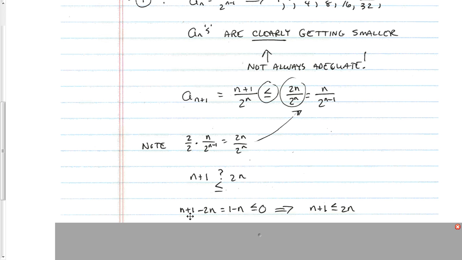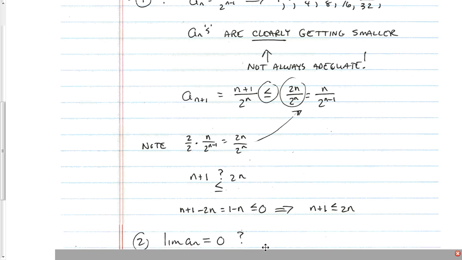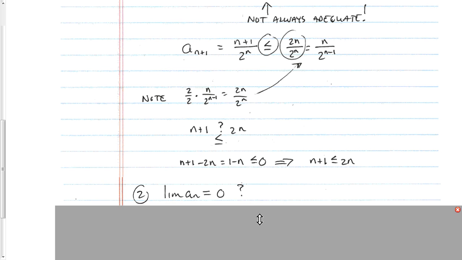N plus 1 minus 2n is 1 minus n, and 1 minus n for n's 1 and bigger is always going to be less than or equal to 0. So that means if I add 2n to both sides here, n plus 1 has to be less than or equal to 2n. It's a little different argument, and it's hard to do talking and not writing and pointing so much.